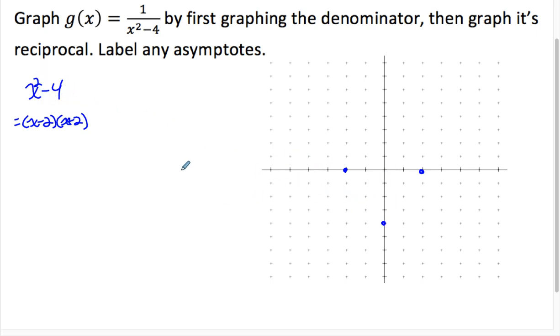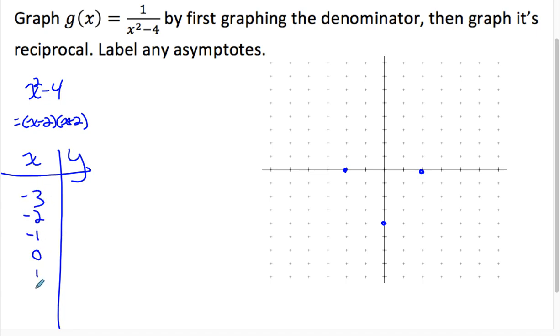So I already have a general idea of what the denominator would look like if I was just graphing the denominator. Let me just quickly make a table of values for x squared minus 4. The vertex is at 0, so I'll put that in the middle, and I'll pick some points on either side that include the x-intercepts. I already know this point, and I know these are both the zeros.